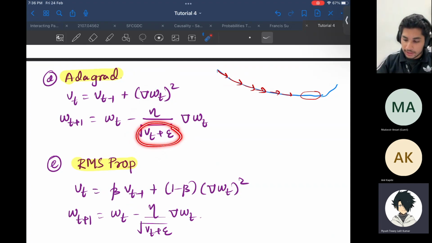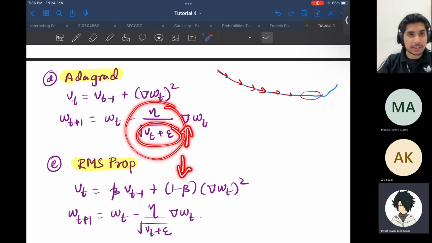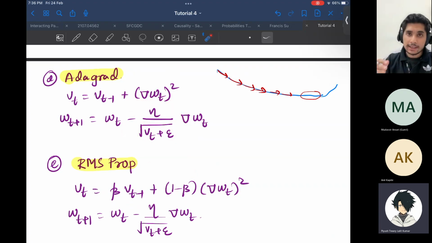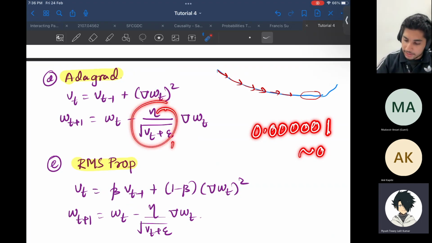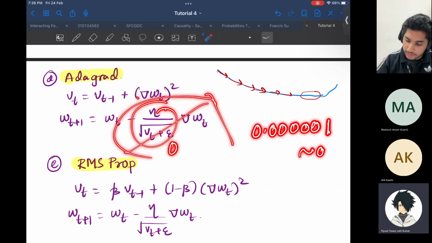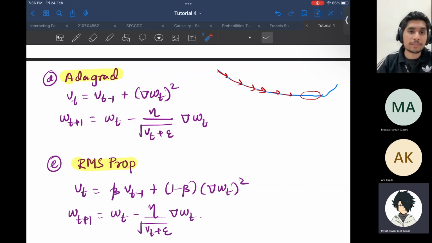If your denominator increases, this entire term decreases. That is basic maths. And if you decrease your learning rate a lot, at some point, let's say it becomes 0.000001, which is almost zero. It is not exactly zero, but it is very close to zero. In that case, this term is becoming zero, and hence there is no update at all, and you are stuck at WT.